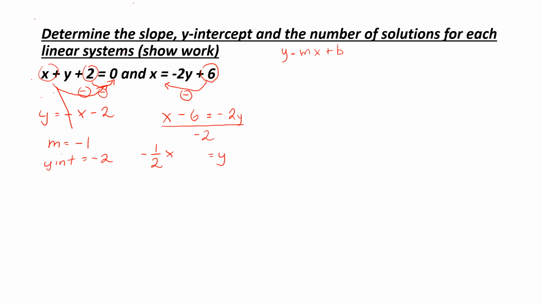Negative 6 divided by negative 2 is plus 3. At this point, my slope on the second equation is negative 1/2. My y-intercept is 3. All right, so how many solutions? Well, based on the fact that we have different slopes, we know that there is one solution. How do we know? Because they have different slopes.